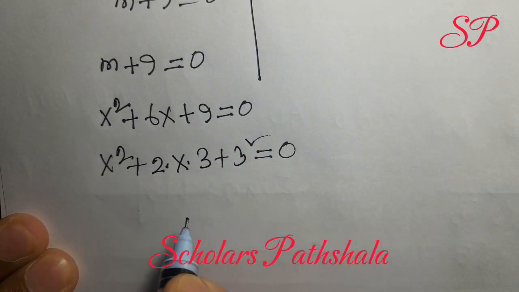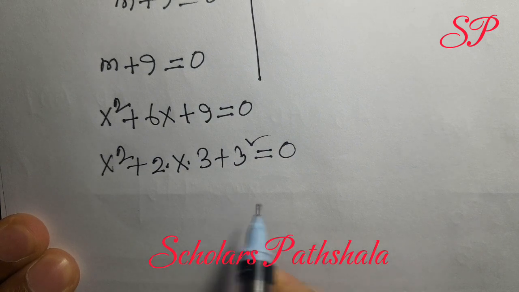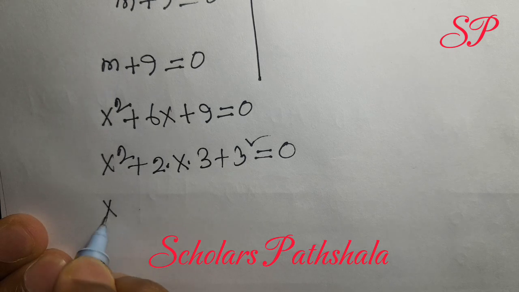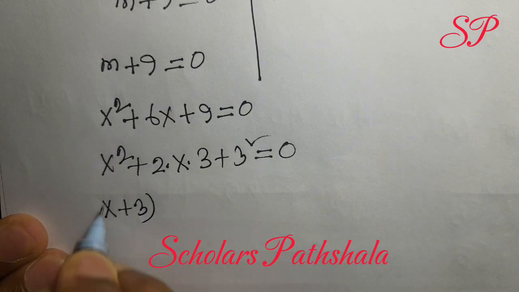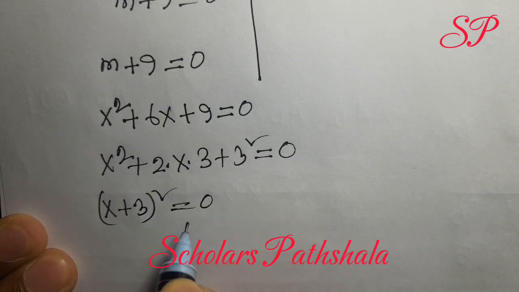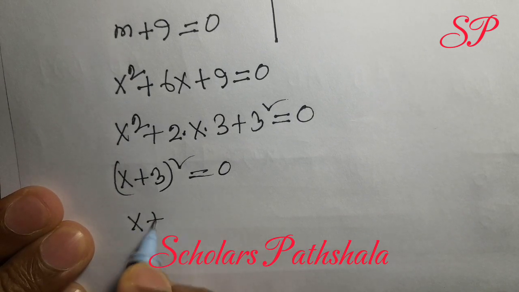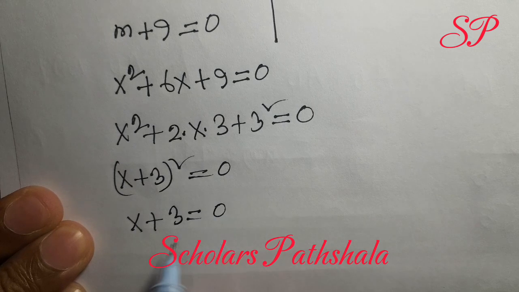So according to the formula (a + b) squared, we can write (x + 3) squared is equal to 0. Taking the square root of both sides, we get x plus 3 is equal to 0.